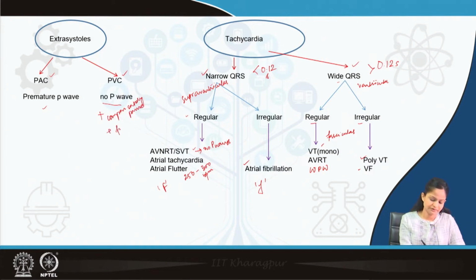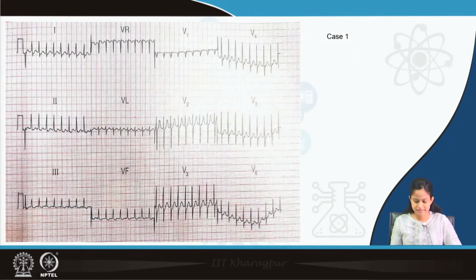Also there can be fusion beats, when the atrial impulses and the premature ventricular impulses fuse together. So, this is the general layout of different types of arrhythmia. Based on this brief we can easily look at what the changes in the ECG are. Now, this is the first example of an ECG, we will discuss what the abnormalities in this ECG are.